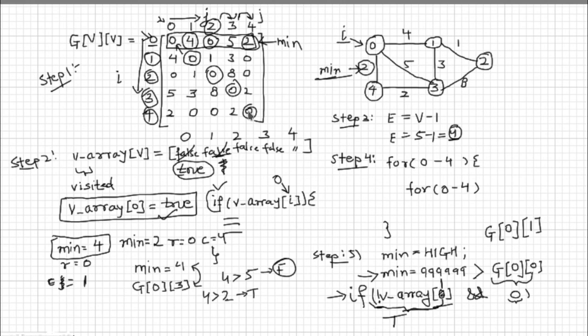So we know that after the whole iteration has ended, we have these values with us. The value of minimum is 2, and the value of r is this and the value of c is this. So now we have found the minimum edge, which is 0 to 4.